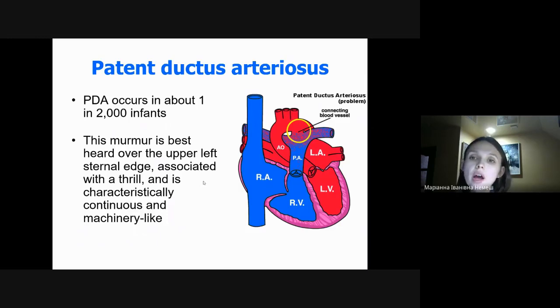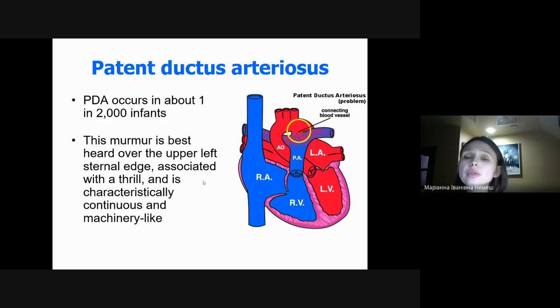Systolic murmurs also happen in patent ductus arteriosus. It means that oxygenated blood from the aorta will mix with deoxygenated blood of the pulmonary artery.